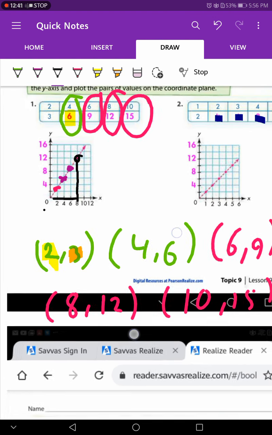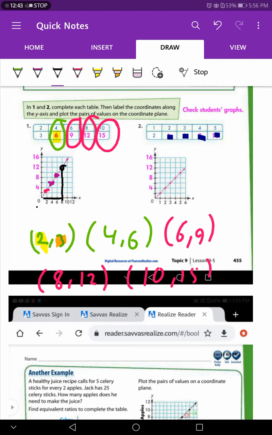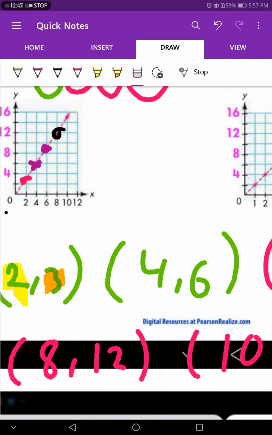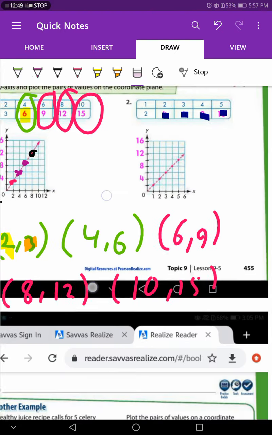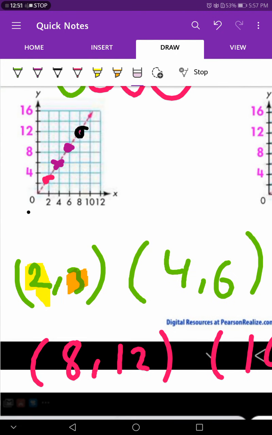Okay, and the last one, 10 to the right, 15 up. Then we connect between them by this line. Okay, it will be like this.